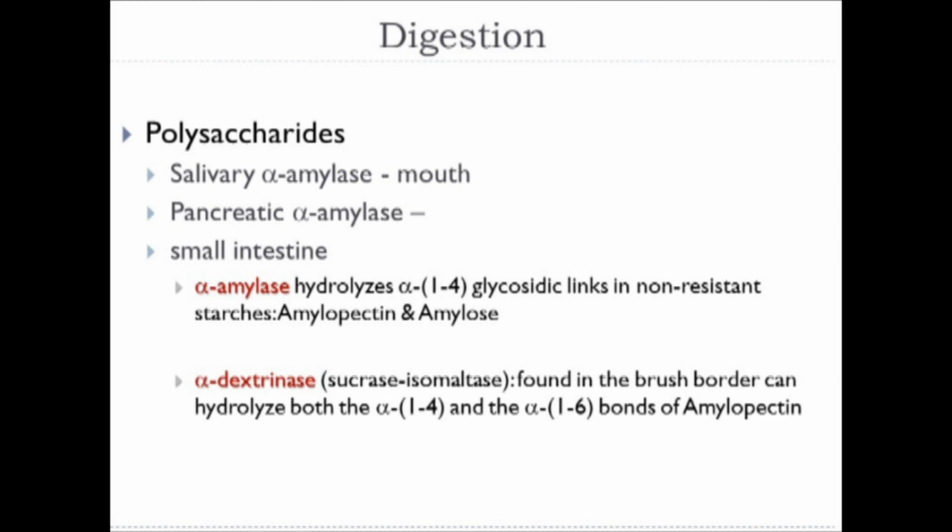Then we have alpha dextrinase, which is sucrase and isomaltase, and these are found in the brush border that basically lines the gastrointestinal tract. And these hydrolyze both alpha 1,4 and alpha 1,6, which are the side chains of these polysaccharides found notably in the amylopectin.